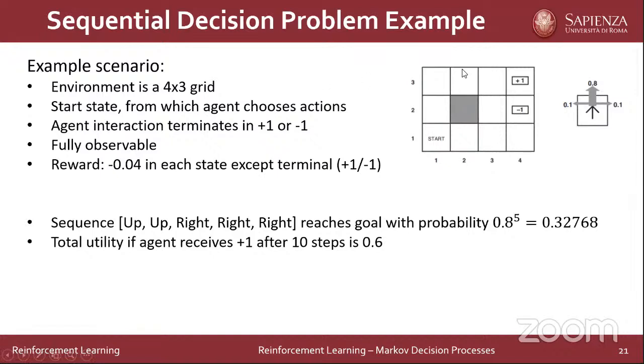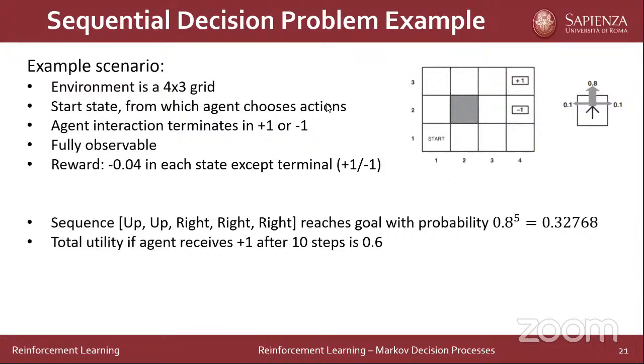So we're considering a grid in this case. The set of states for us is the locations of the grid. Those are the states that we are dealing with. The actions are these three actions: up, right, and left from the agent's perspective.